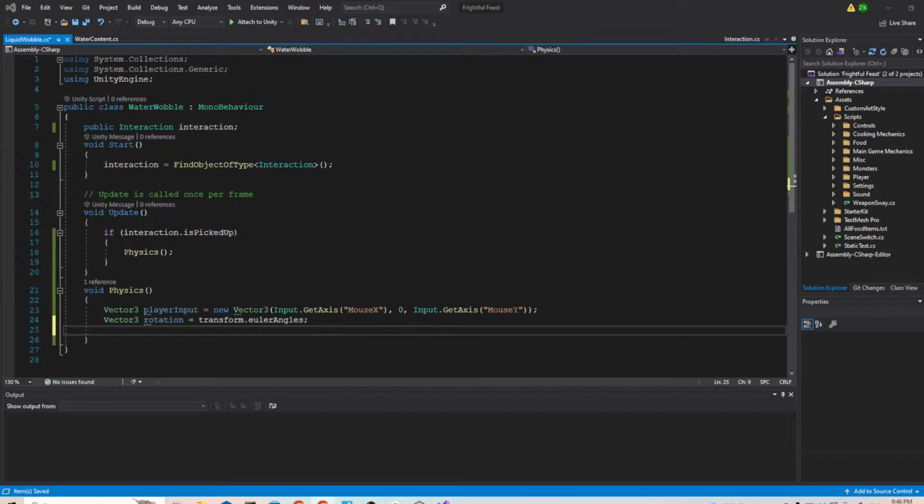Alright, so if we say transform dot eulerAngles is equal to rotation plus plus player input times Time dot deltaTime.